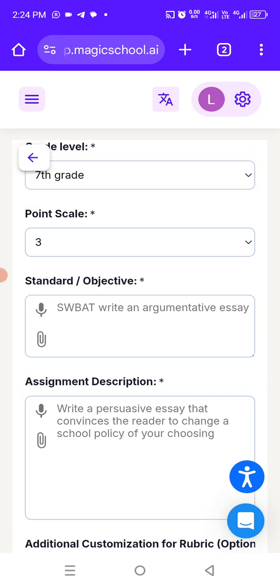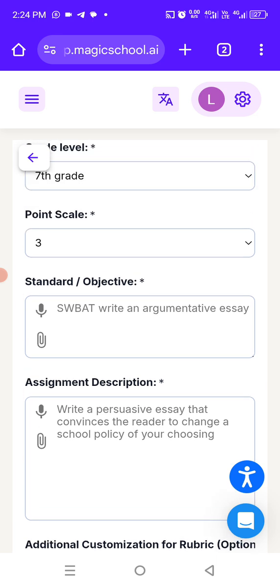First, I want to change the point scale, that is, what criteria this rubric would contain, so that when I'm assessing the student, my assessment is based on these 4 criteria, and you can allot the required mark for each criterion to make up the full mark.